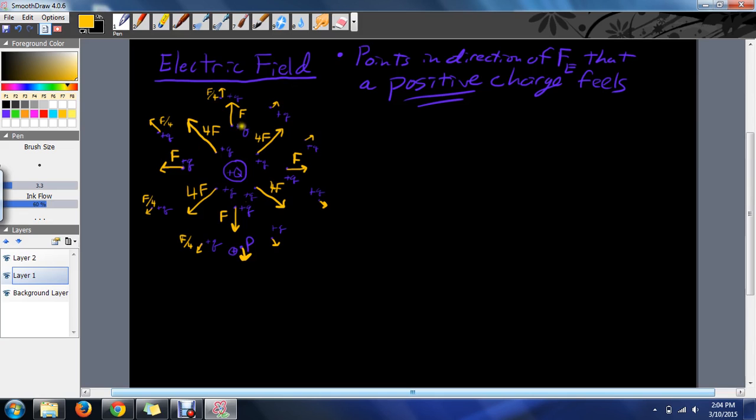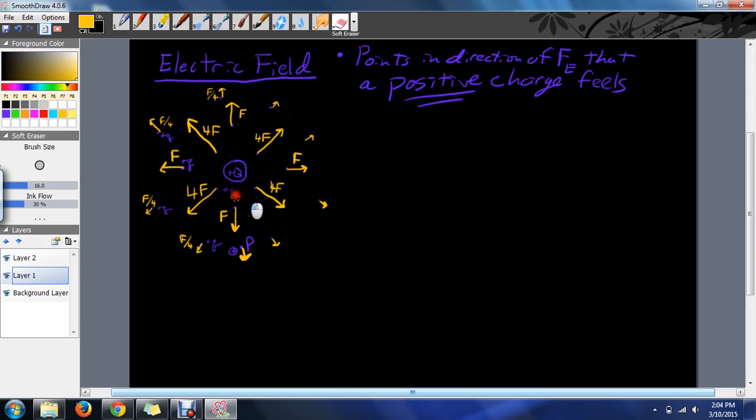Now the key is there aren't charges everywhere. So I know I draw all these little Q's here. Those don't exist. The only thing that exists is this big Q. So these charges don't exist. The field lines exist. And so what we can do is replace the force with the field.